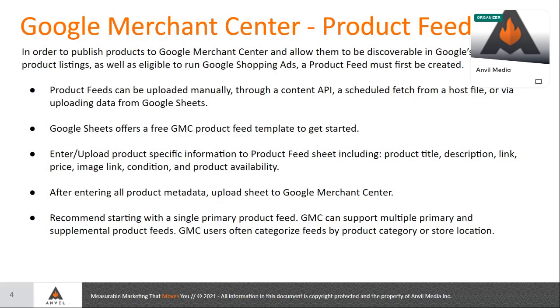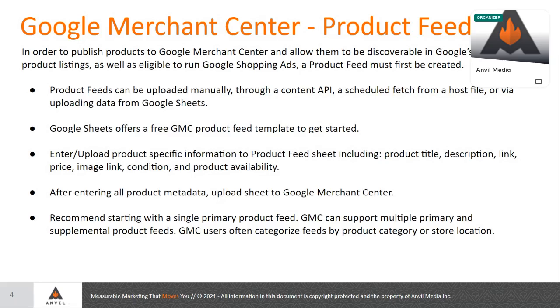After you enter all your product metadata, you can upload that sheet to Google Merchant Center, and that will instantly create a product feed. And this can be continually updated. I would highly recommend avoiding manually uploading your product feed to Google Merchant Center if it's common or at all frequent that you're having changes in pricing information or changes in inventory status.